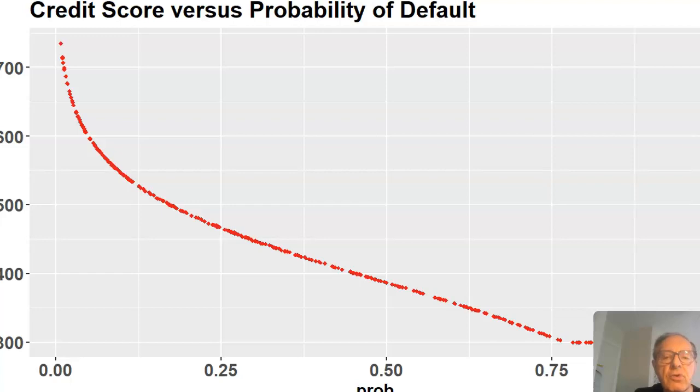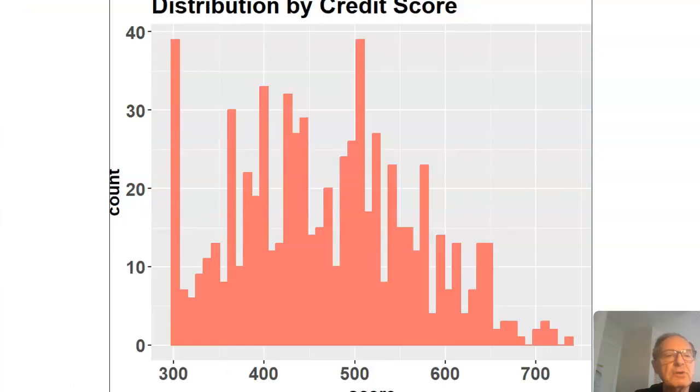The resulting credit score versus probability is a nice smooth curve. I didn't have enough really large probabilities of default at the large end, so it kind of flattens out. Here's the distribution by credit score. Unfortunately, I had some scores under 300.